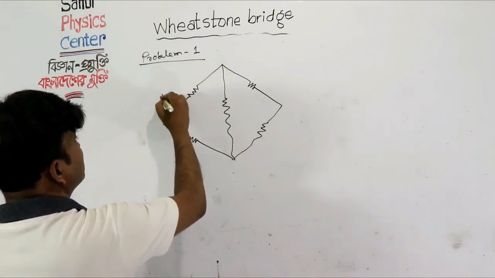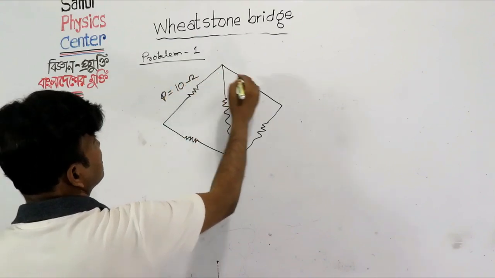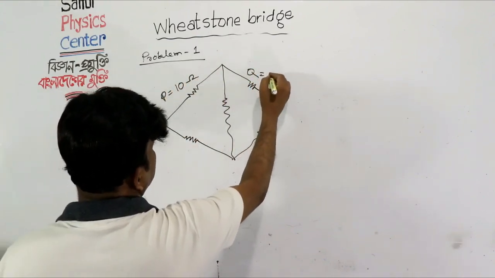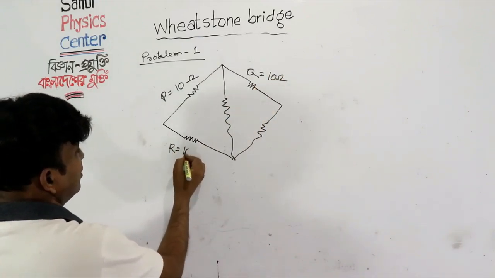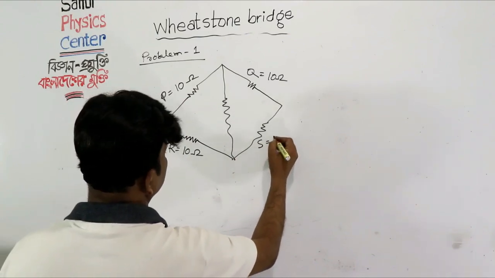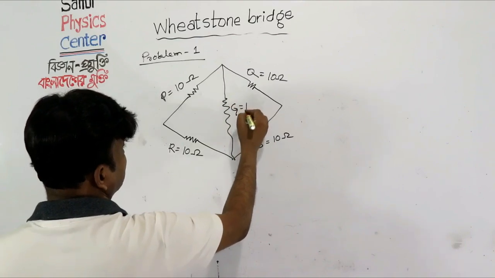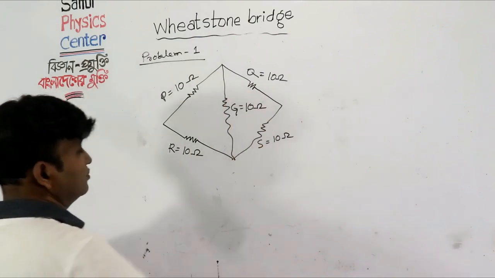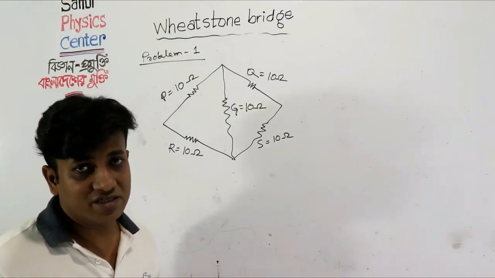The value of this resistance, suppose P, equals 10 ohms. Its resistance is also 10 ohms. Here the resistance is also 10 ohms. The resistance of S is 10 ohms and the resistance of this one is 10 ohms. Now the question is to calculate the equivalent resistance.